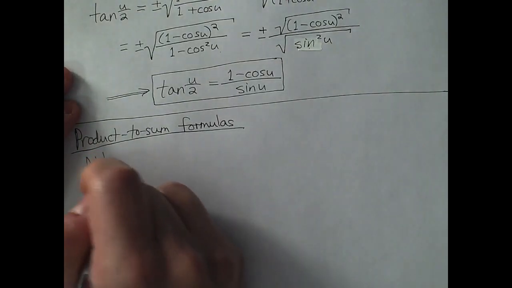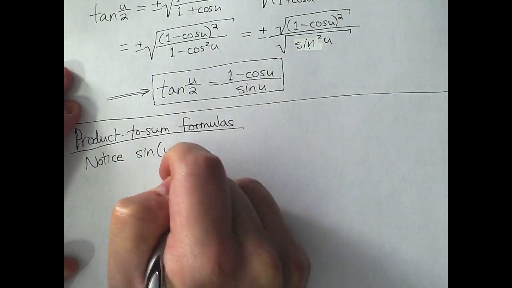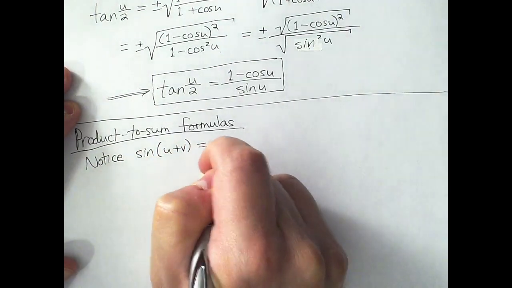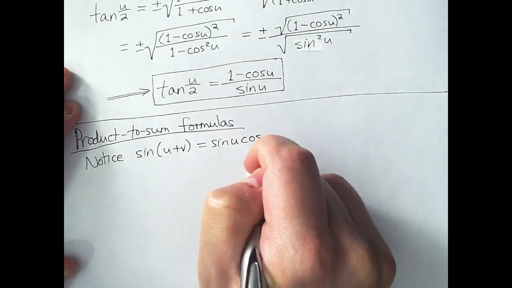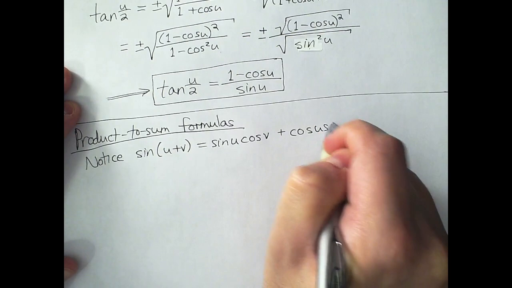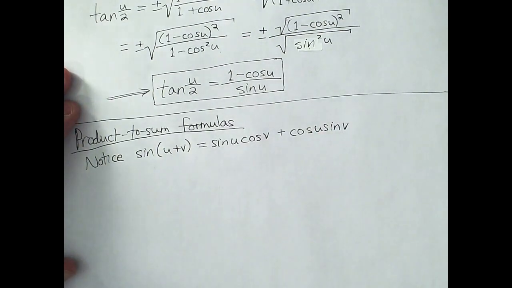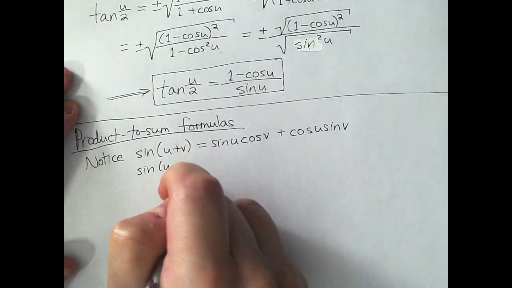Notice, let's go back to the addition formula. This is actually cool. I like the way that we do this. Here's an addition formula for sine. And I'm going to write the subtraction formula for sine.